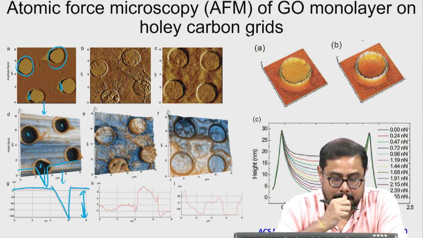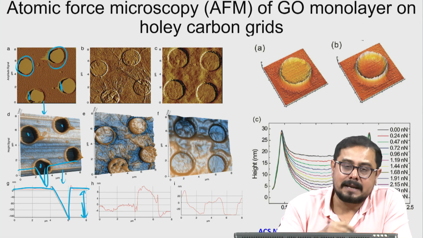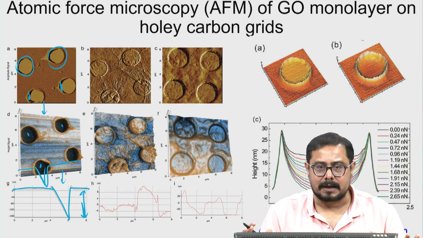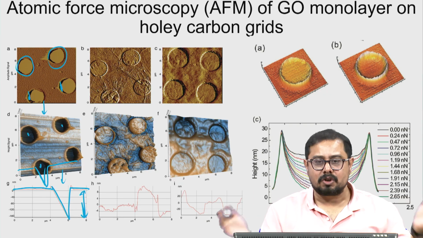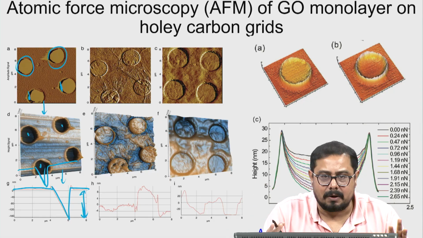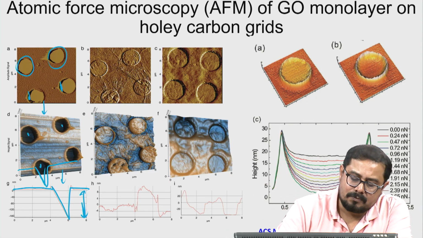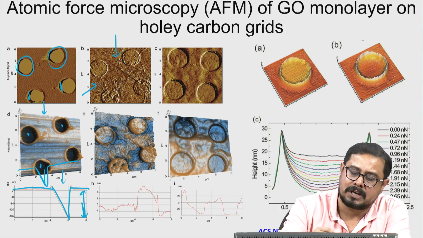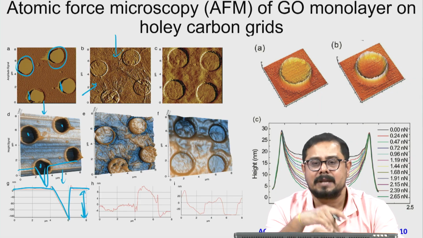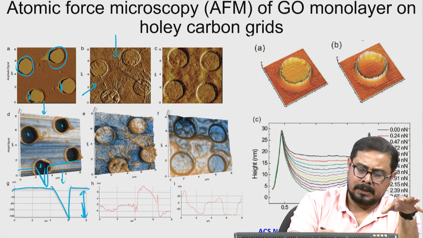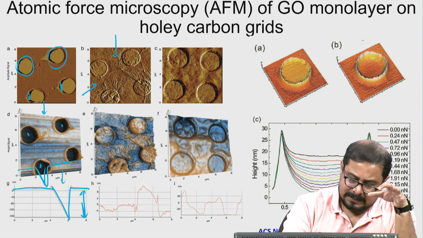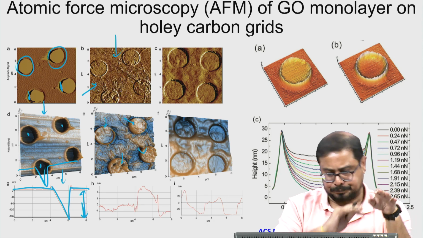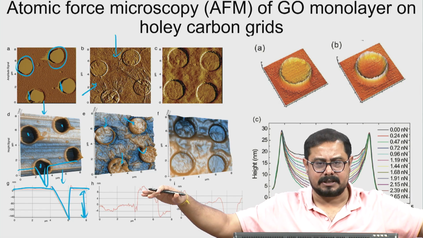Now, if you try to isolate graphene oxide using normal water, or if we do not sonicate it properly and try to coat our grid, most of the time you can see this kind of multiple layers of graphene oxide on top of that grid. You can easily see what kind of depth you are getting inside that hole, and it is not uniformly distributed.